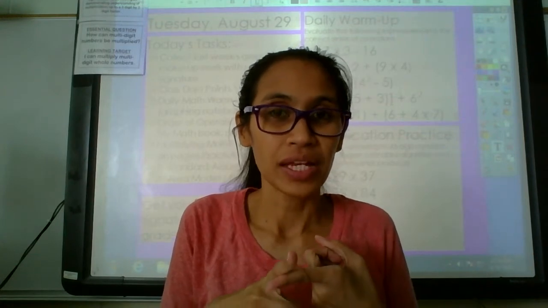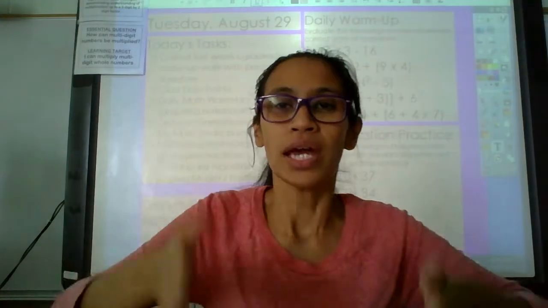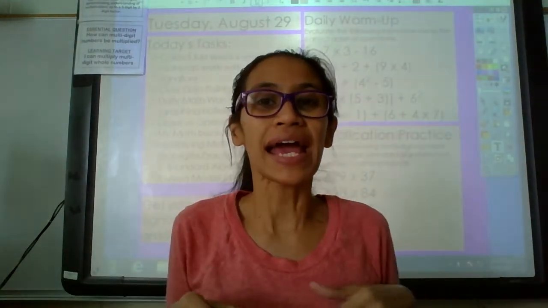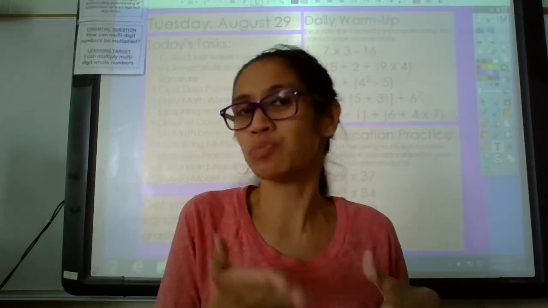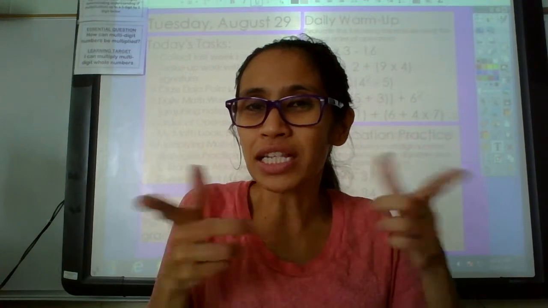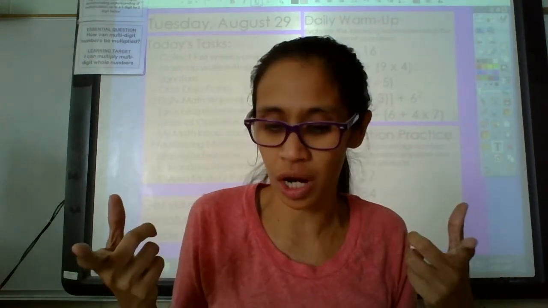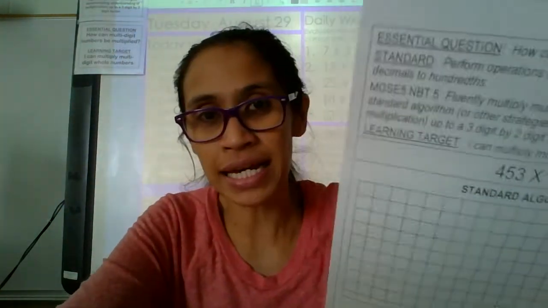That is writing it vertically, up and down, multiplying each number and then doing the placeholder. And we are working also on the area model, partial products. Those are kind of two different strategies, but I'm just going to combine them because they're very similar to each other.